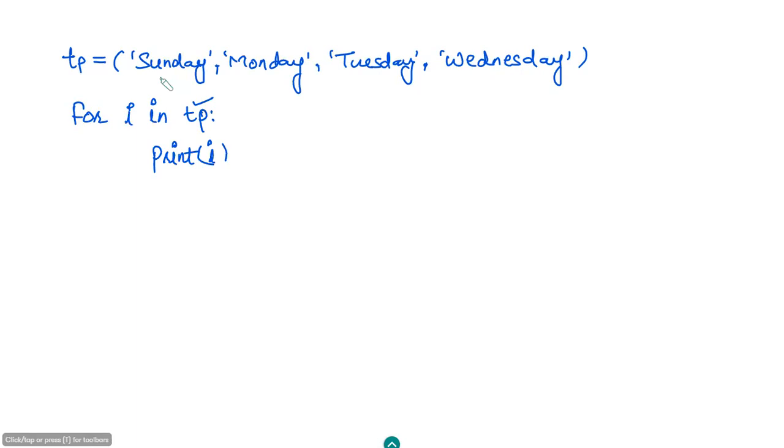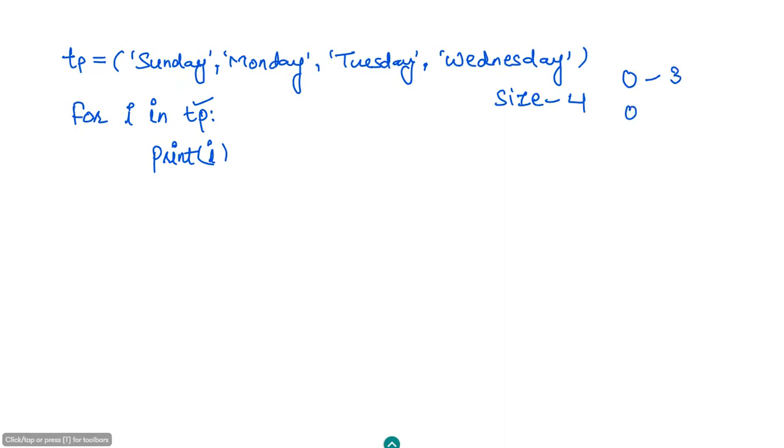What is the size of this tuple? How many elements are there in the tuple? Again, we are having 4 elements. The size of this tuple is 4. So that means the for loop will be executed 4 times, because the loop will start from 0 to 3.